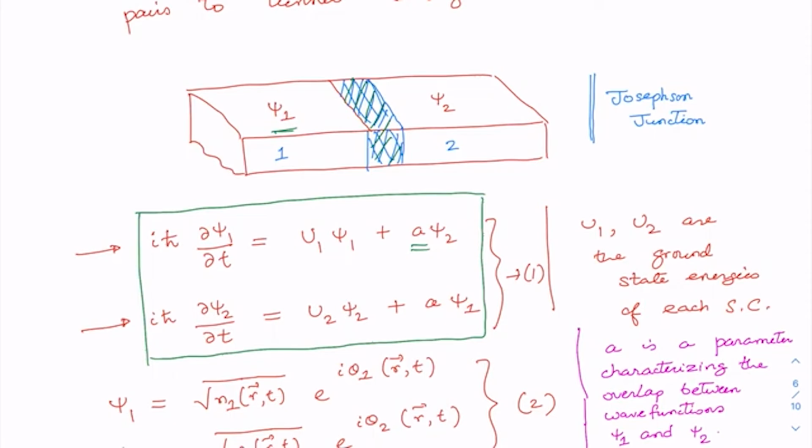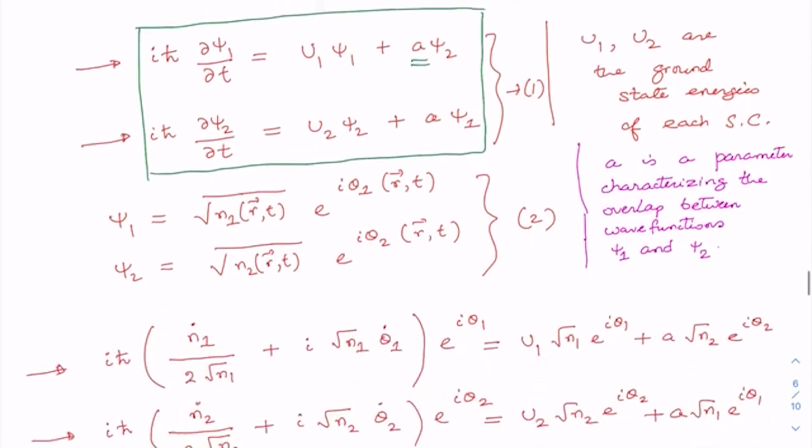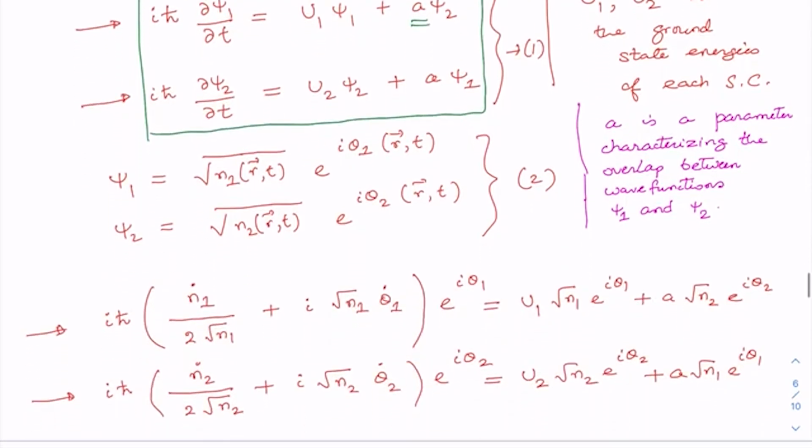Then using Ginzburg-Landau, this wave function psi 1 is equal to square root of n1 e to the power i theta 1. N1 is the local density of super electrons in superconductor 1, N2 is the local density of super electrons in superconductor 2.